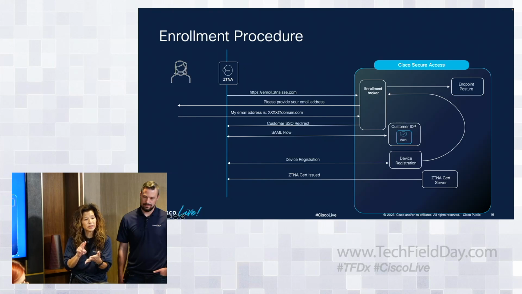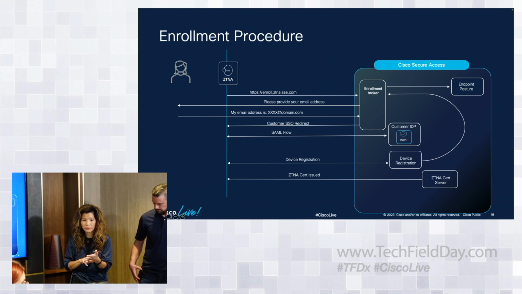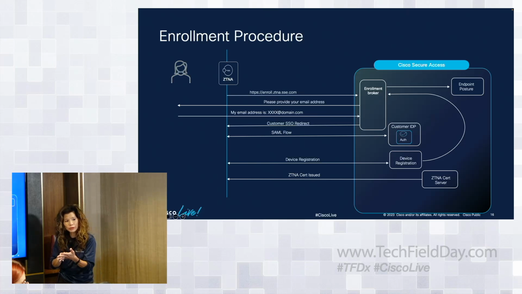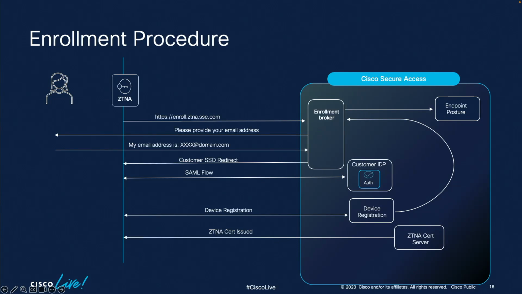This is a one-time effort that the user has to do. They just provide their email address. In the back end, we do a lookup to see which organization that user is associated with, and which of our Secure Access org services they have.